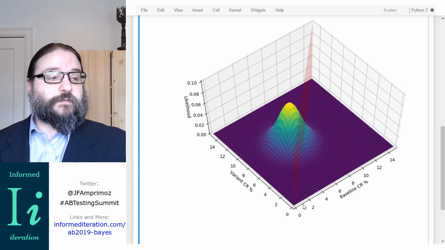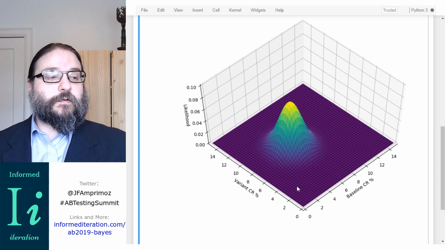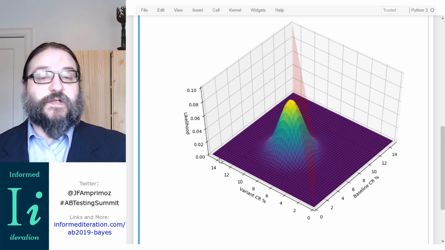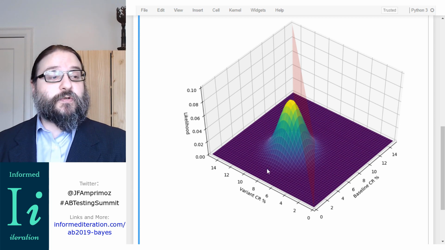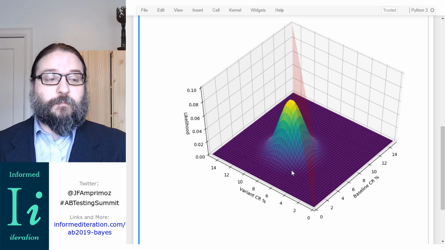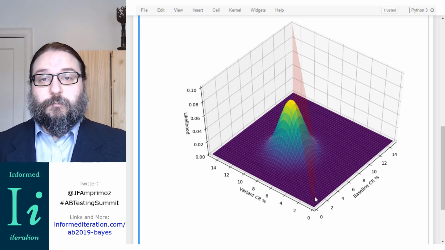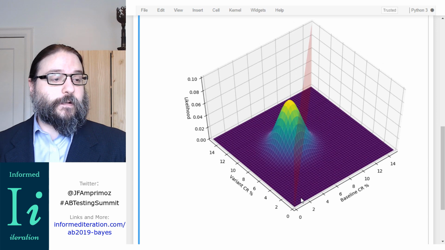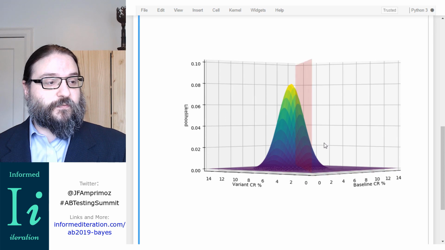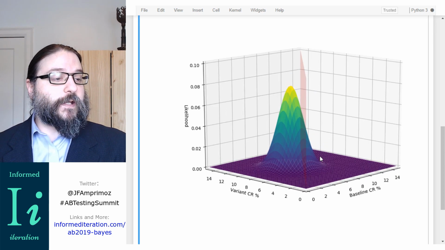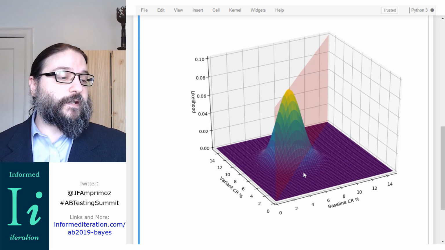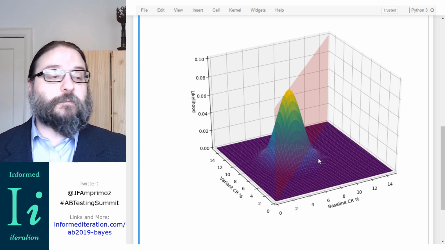And what we can figure out using that is anything on the side of the surface where the variant has a higher conversion rate and under our joint probability distribution surface is the probability of the variant beating the baseline. And anything on the other side of the red surface, and underneath our joint probability distribution, is the probability that the baseline will have a higher conversion rate.